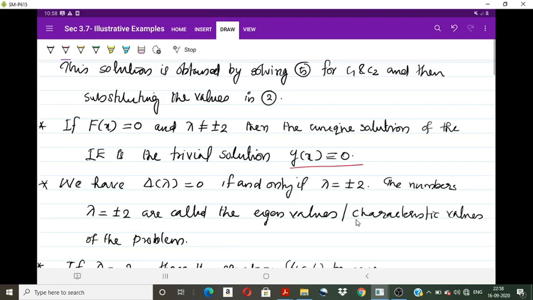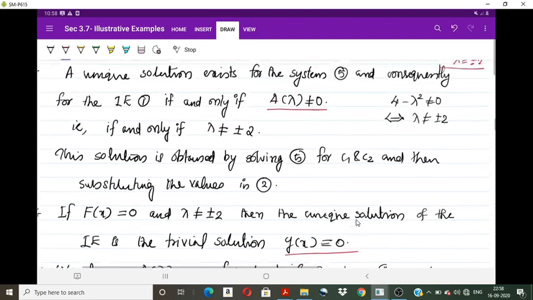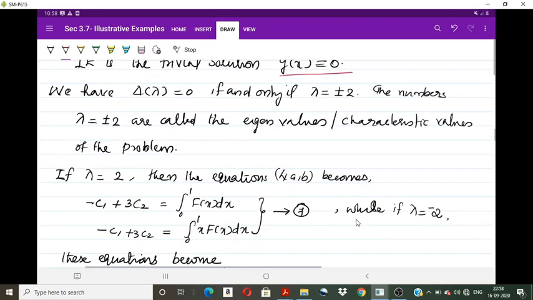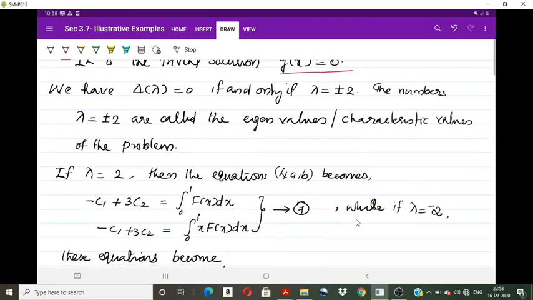When we write the equation in the form AC equal to B, the values for which the determinant of the matrix A becomes 0 are called characteristic values, characteristic numbers, or eigenvalues of the problem.